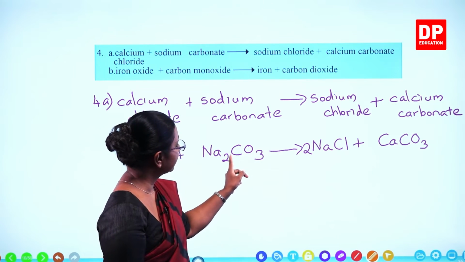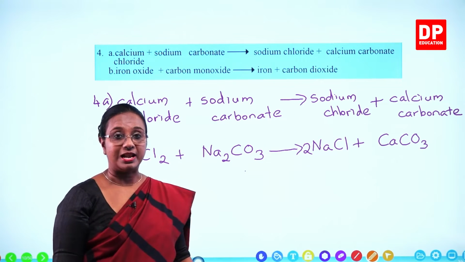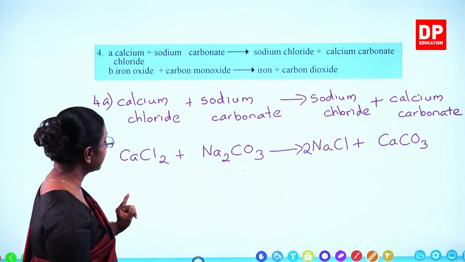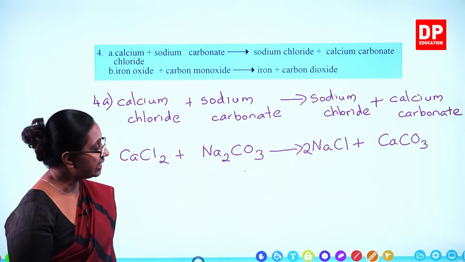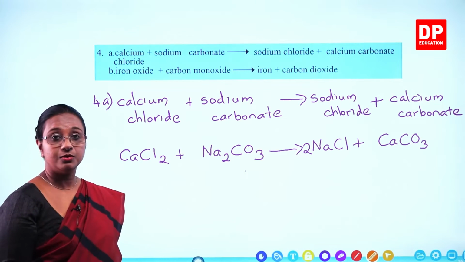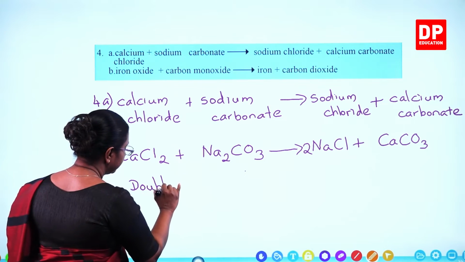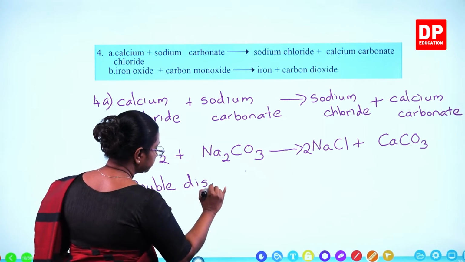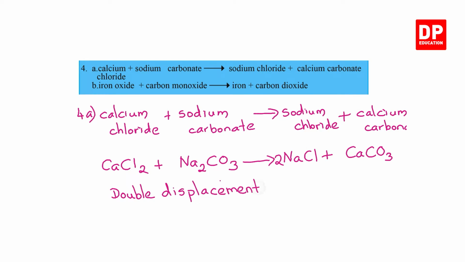Then carbonate, one carbon and three oxygens. It's balanced. CaCl2 plus Na2CO3 giving rise to 2 NaCl plus CaCO3. And it is a double displacement reaction.